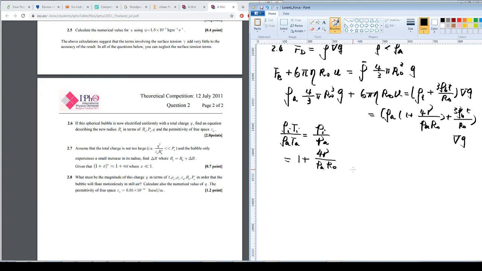Okay, 2.6. If this spherical bubble is now electrified uniformly with a total charge Q, find an equation describing the new radius in terms of the old one and the emissivity of free space. Because the charges will repel themselves, which creates... Could you use potential energy here?